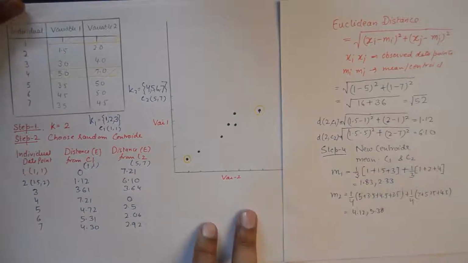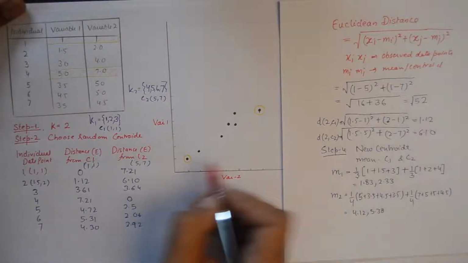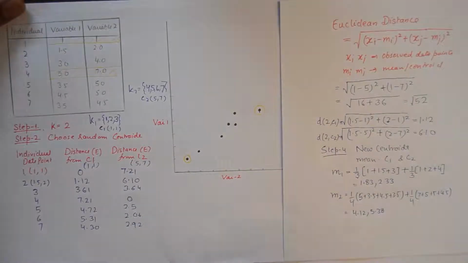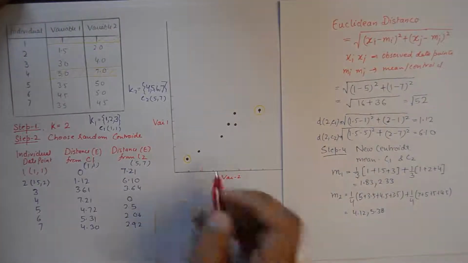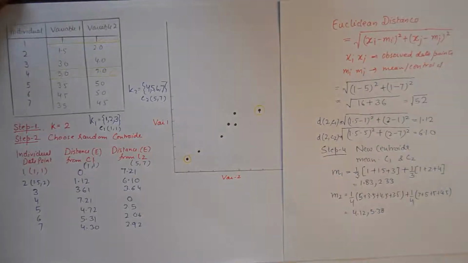So now you see that in the second iteration my mean has shifted. In the first iteration my means were at 1, 1 and 5, 7, which I assumed, and now the mean has shifted because the individual data points will now determine the new centroid by calculating the average.